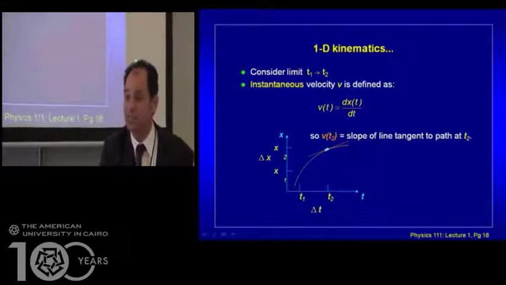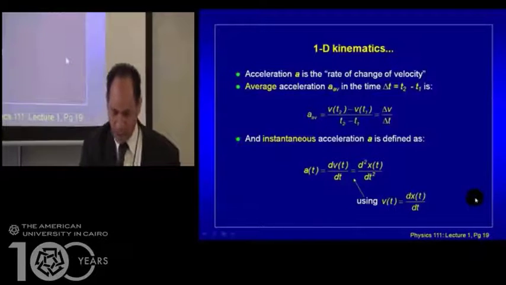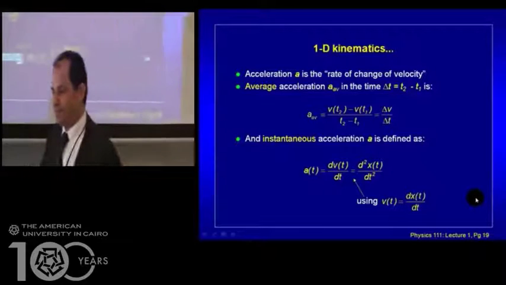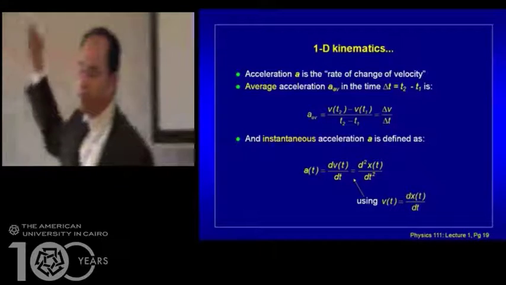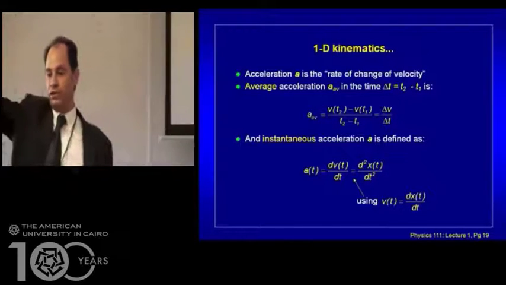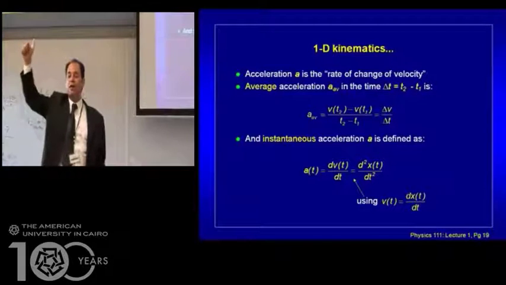Okay, guys? Good. Now we know how to find, if we know the position as a function of time, we know how to find the velocity. And when I say velocity from now on, I mean instantaneous velocity.